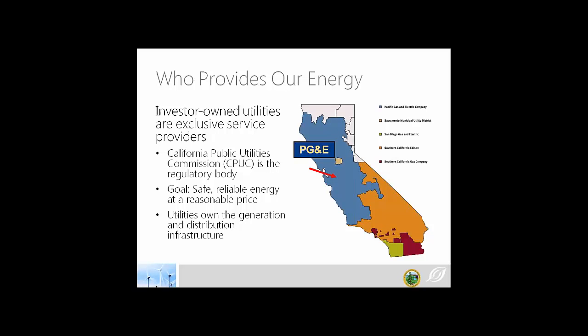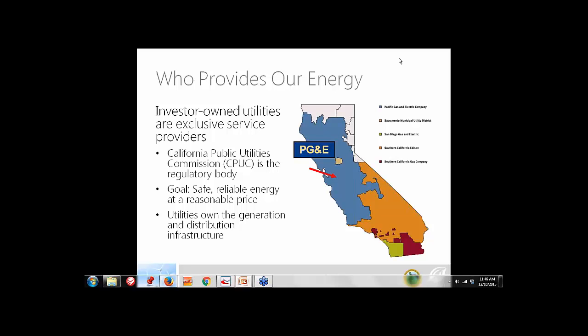The map shows here that there are three major utilities in the state, and PG&E is most of Northern California. They are what's called an investor-owned utility, and they are exclusive service providers. So they are regulated by the California Public Utilities Commission, and they own the generation and distribution infrastructure in their territory.